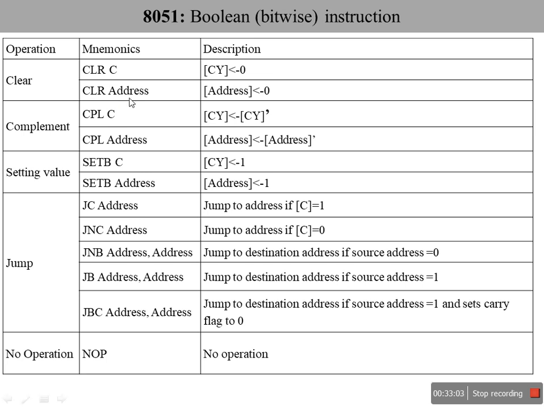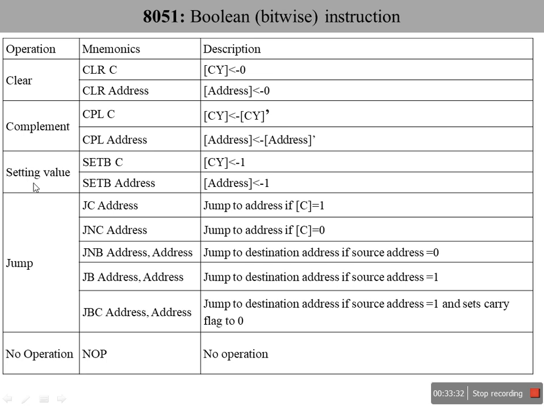Then it is possible to complement a single bit, CPL C. The content of the carry flag, whatever was there, will now be changed to the opposite logic. If the carry flag was 0, after executing this instruction it will be 1. Similarly, it is possible with an address also: CPL address, the content of that particular address will be changed from 1 to 0, or 0 to 1.